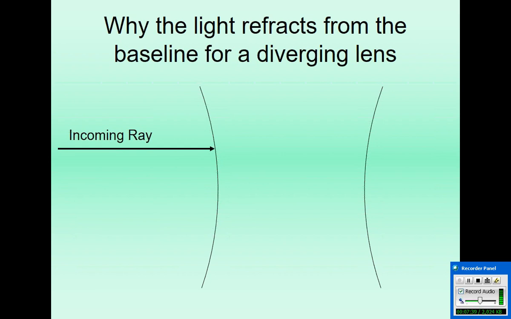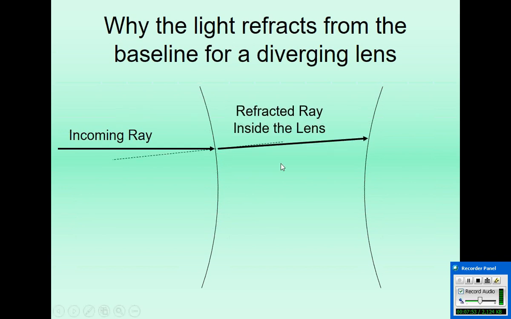But we need to understand what the normal is. The normal is perpendicular to the surface at the location the ray strikes the surface. So we have to be very careful because this surface is curving around. The normal is perpendicular at this angle at the location where the incoming ray meets the surface.